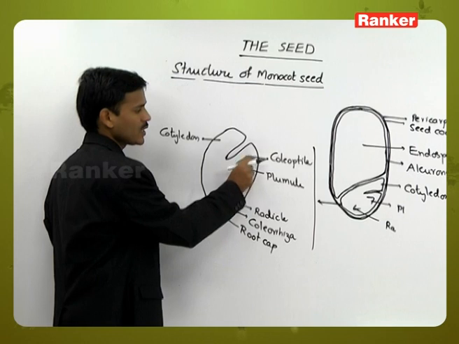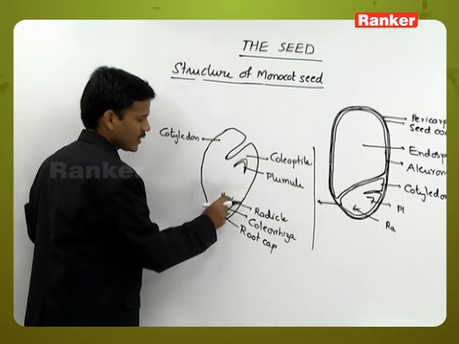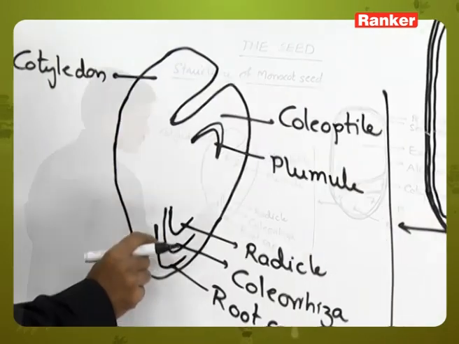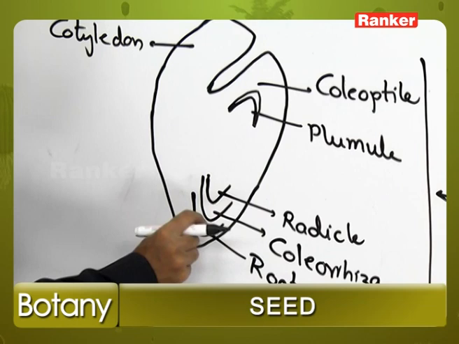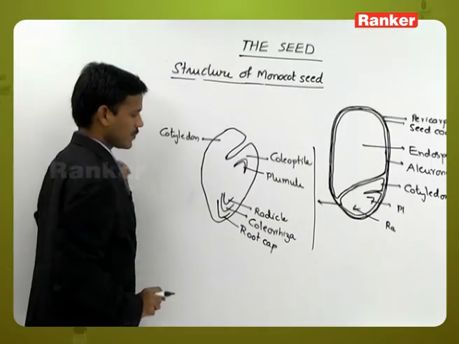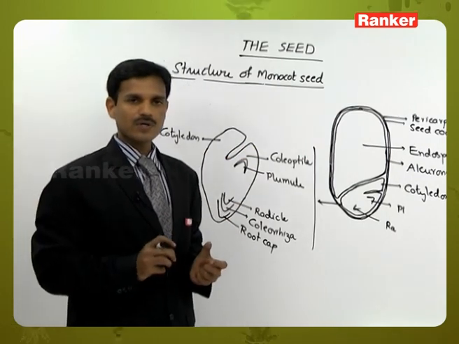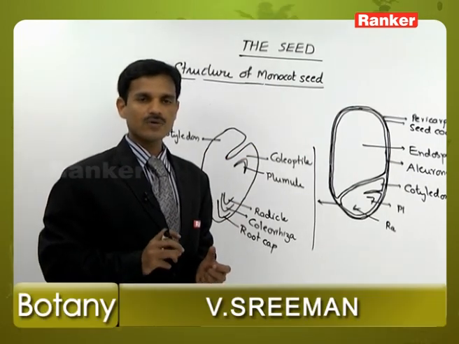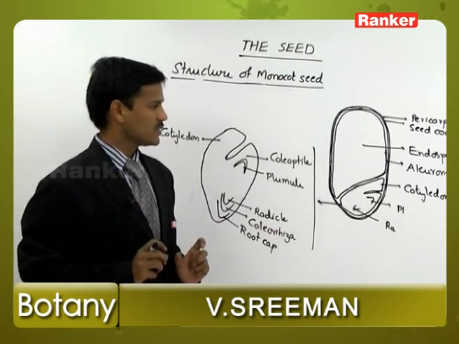It is covered by a protective sheath, the coleoptile, and the radicle is covered by the coleorhiza. The radicle develops into the root system, protected by the coleorhiza, and both are covered by the root cap. The coleoptile and coleorhiza are observed only in monocot embryos. So this is the structure of a monocot seed.